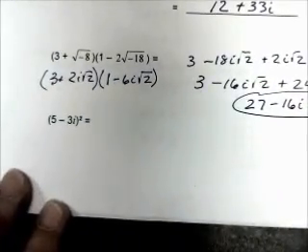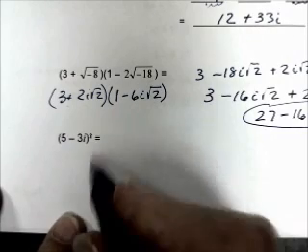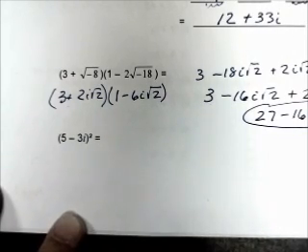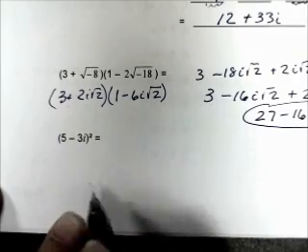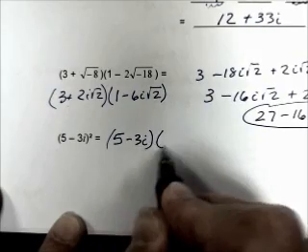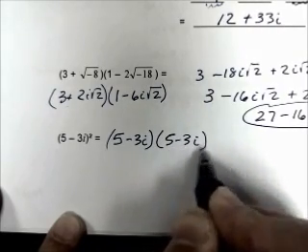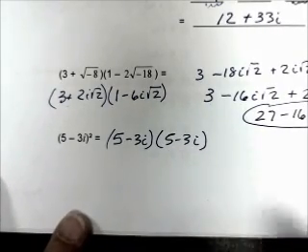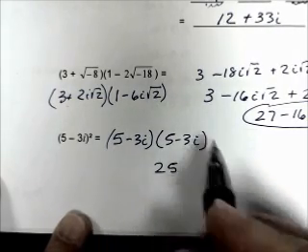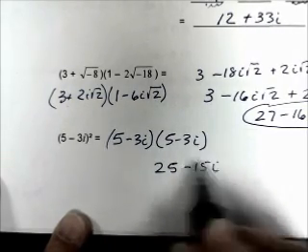Next, 5 minus 3i squared. Well, remember, you don't distribute the exponent over a binomial. Rather, you treat this as 5 minus 3i times 5 minus 3i, because that's what it is. And now FOIL. First term is 25. Outside, negative 15i.